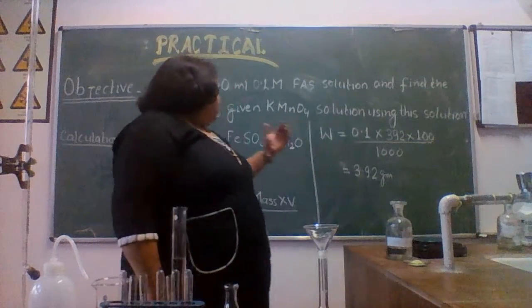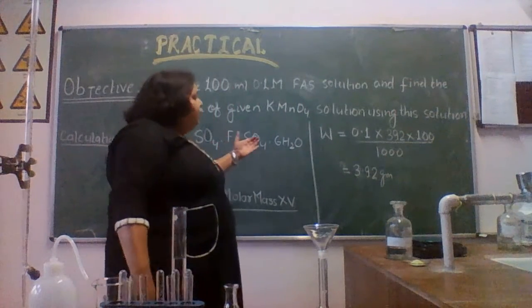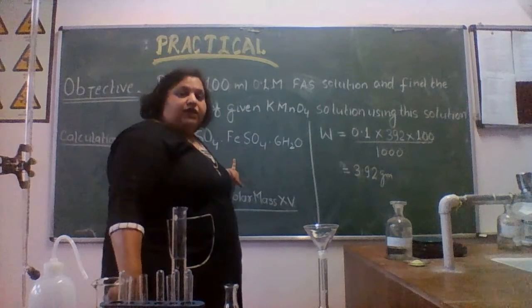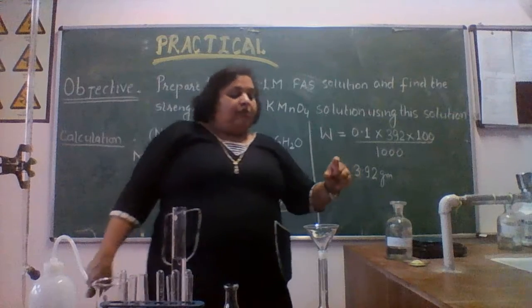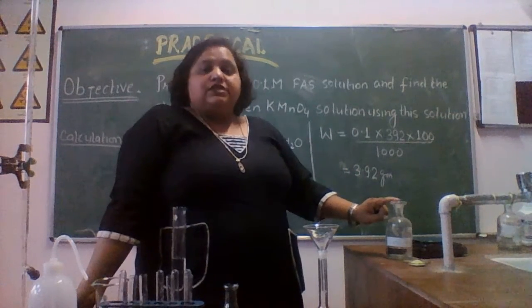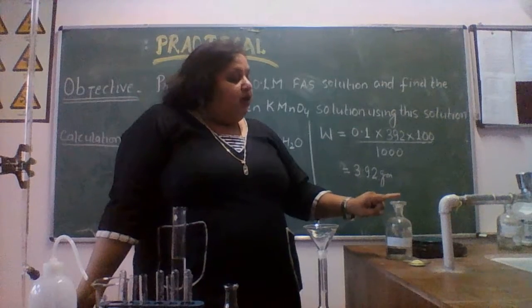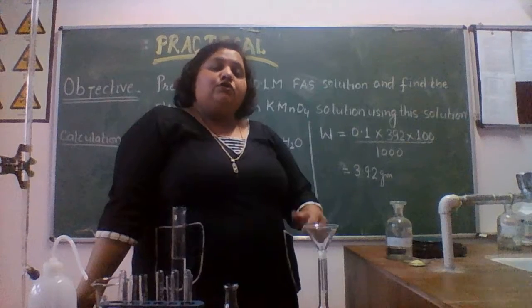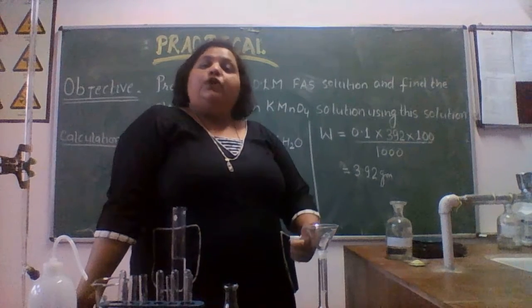This is ferrous ammonium sulfate, and during the experiment, the ferrous is going to be converted into the ferric. If at the time of preparation of solution, you do not add the concentrated sulfuric acid, your ferrous will here only get converted into the ferric, and your solution will be brown in color.